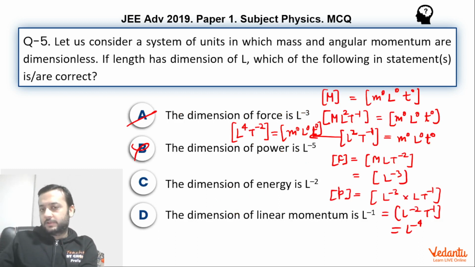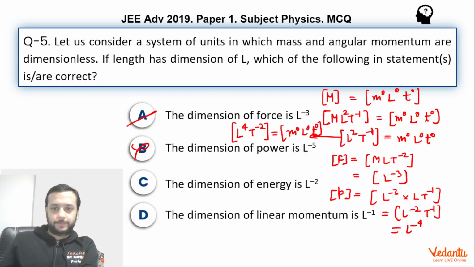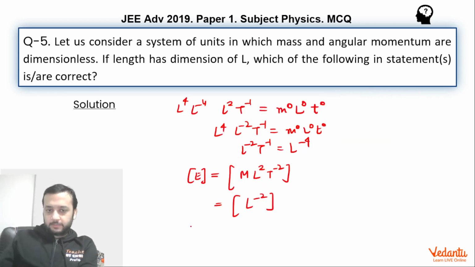If you take L square to this side, it will become L to the power minus 2. Make sense? And hence energy has a dimension of L to the power minus 2, which is what was written in the option.